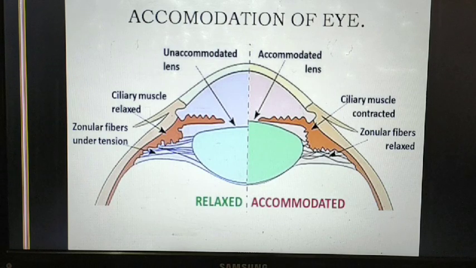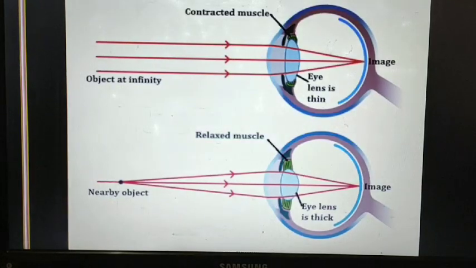The normal resting eye is set for parallel rays traveling from objects 20 feet or more away and does not require any accommodation.